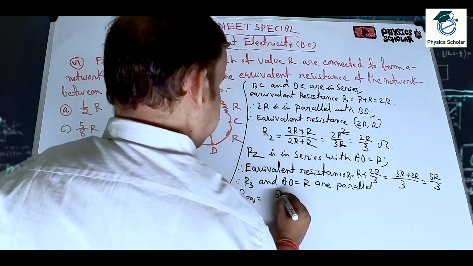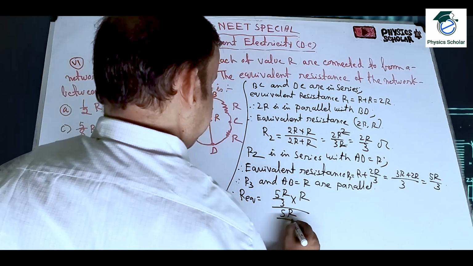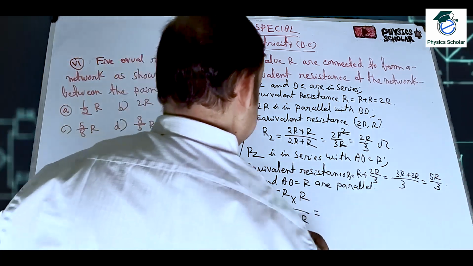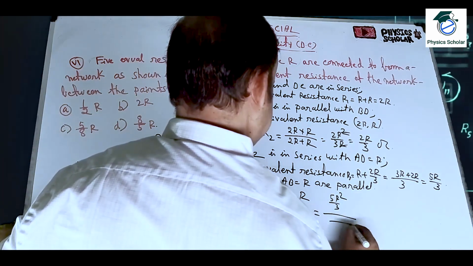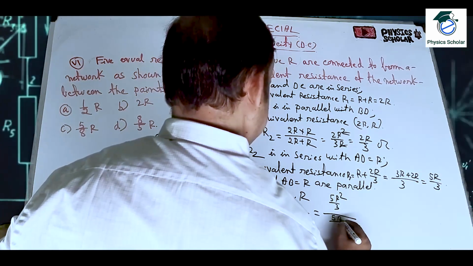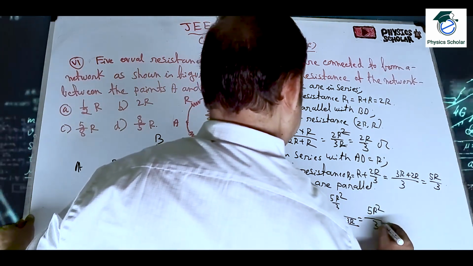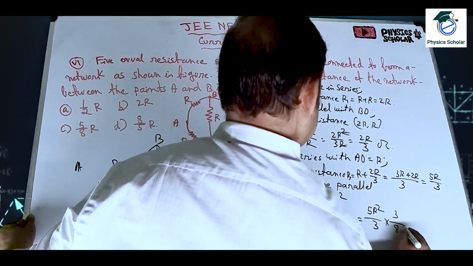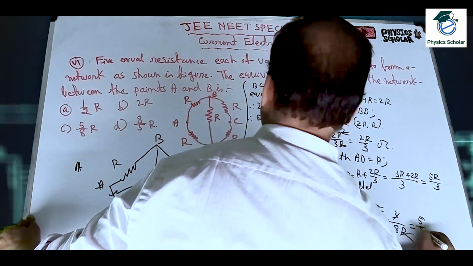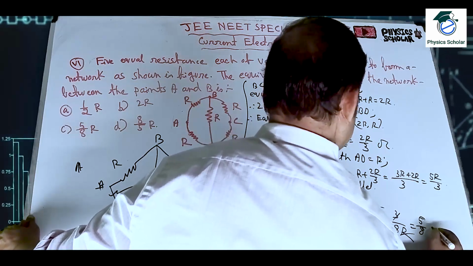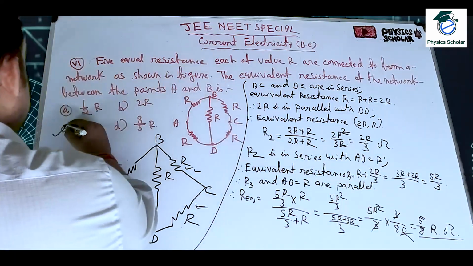So 5R by 3 into capital R divided by 5R by 3 plus capital R is equal to what? 5R square by 3, and here 3 will be the LCM, 5R plus 3R is equal to 5R square by 3 into 3 by 8R. This will be cancelled, this will be cancelled, is equal to 5 by 8 R ohms. So 5 by 8 R, that means option number 3.